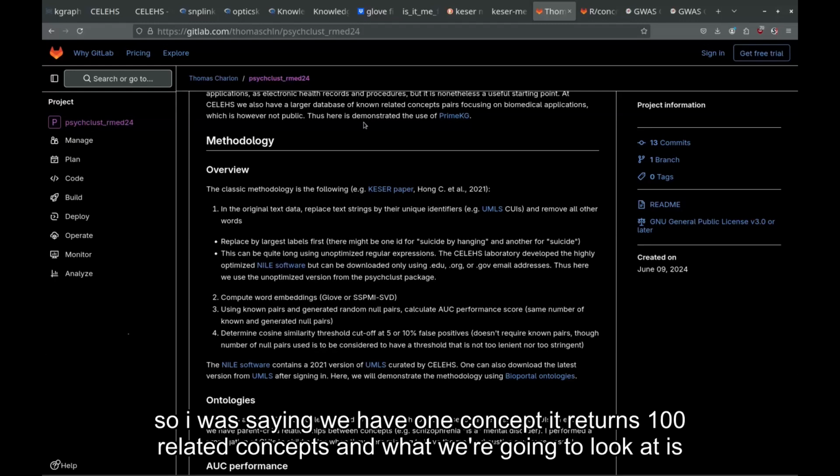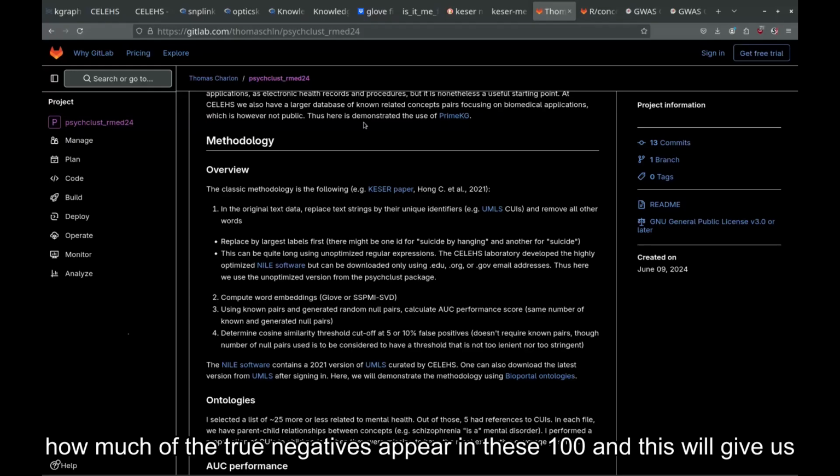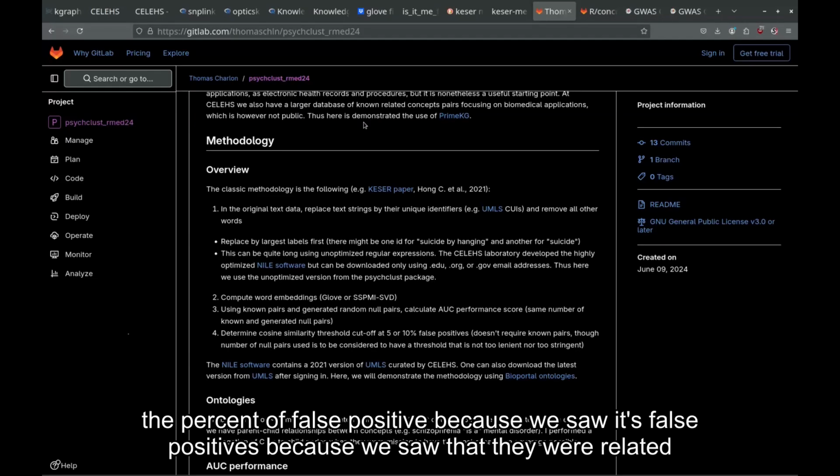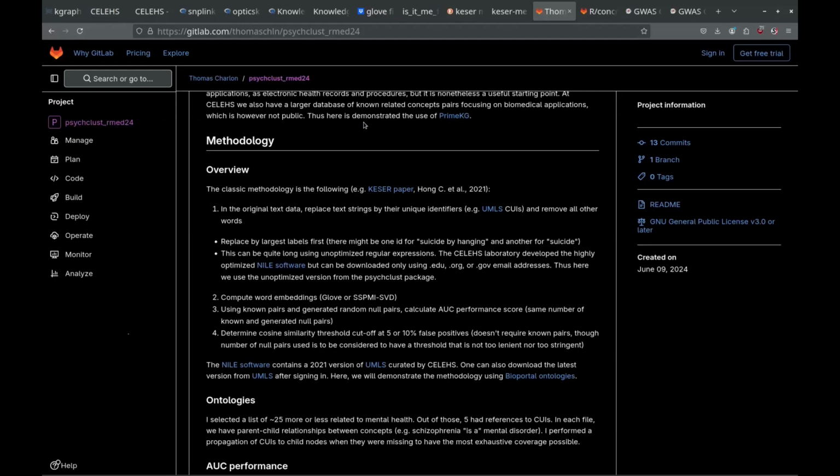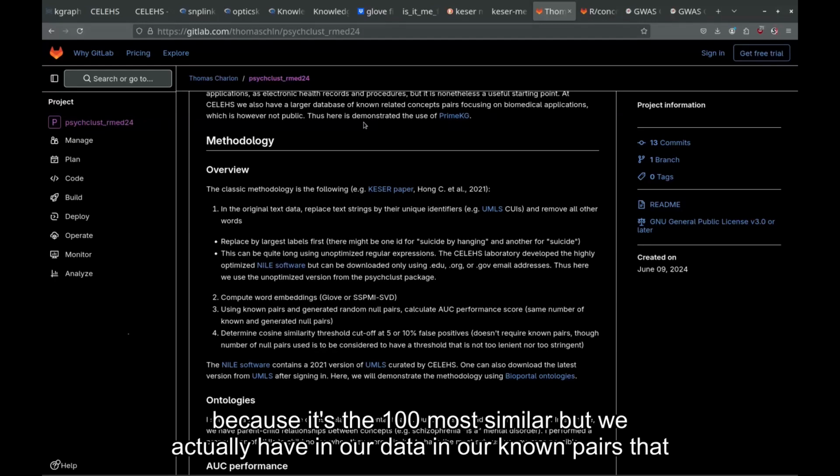So I was saying we have one concept, and it returns 100 related concepts. And what we're going to look at is how many true negatives appear in these 100. And this will give us the percent of false positives, because we saw they were related, since they are the 100 most similar.